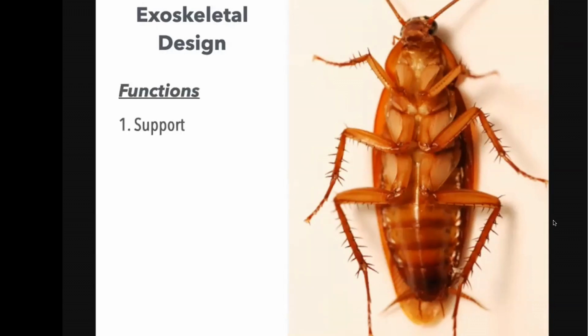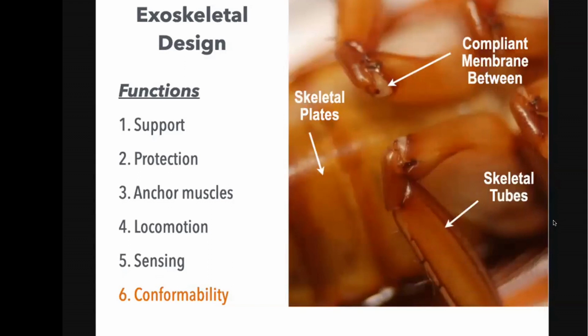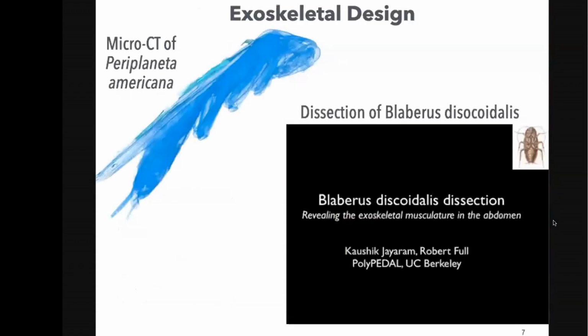One of the key features of insects is their exoskeletal systems, which are essentially rigid plates and tubes interconnected by flexible membranes, which allow them not only to be tough, but also to be compliant in select directions. This enables the exoskeleton to serve a number of functions, including support, protection, anchoring muscles, and enabling locomotion and sensing, among other things.